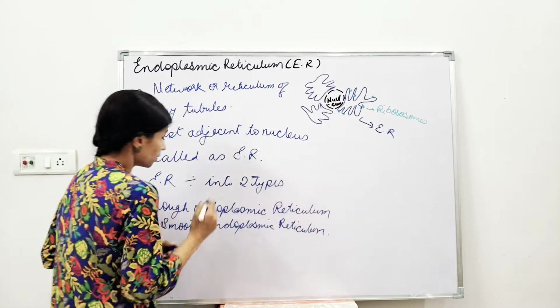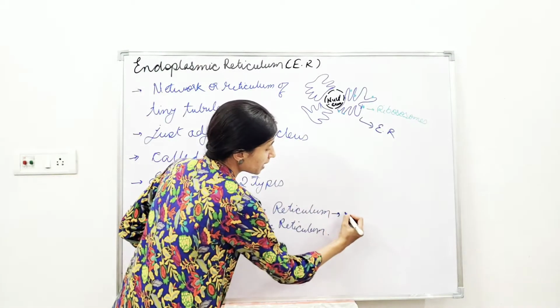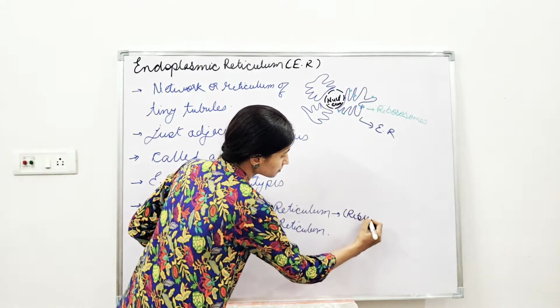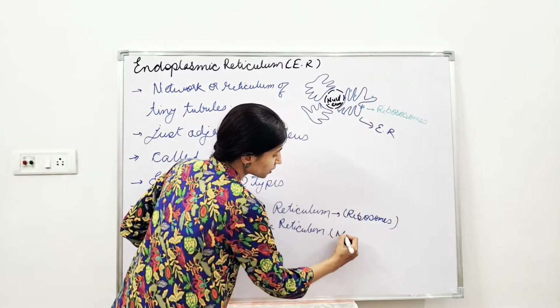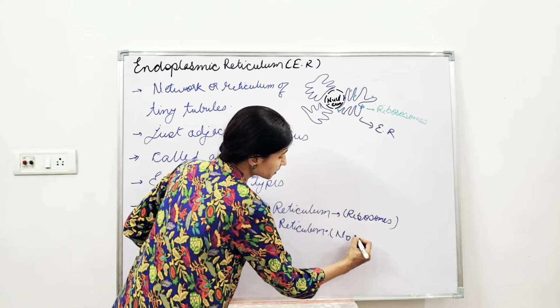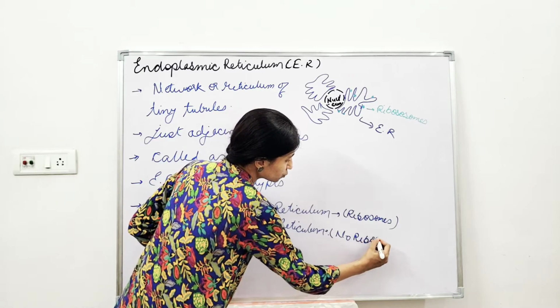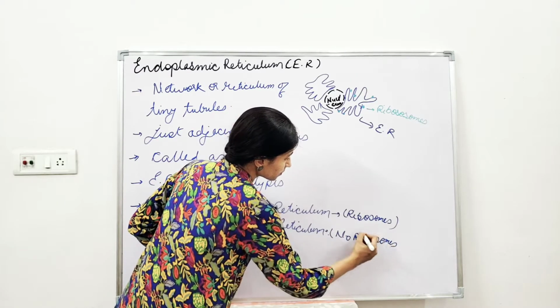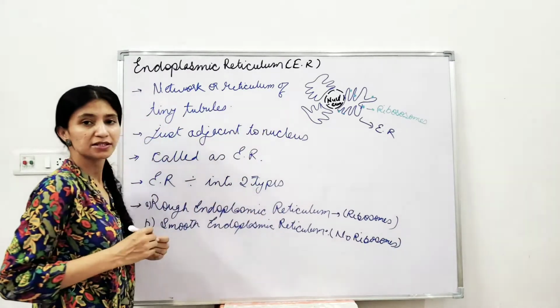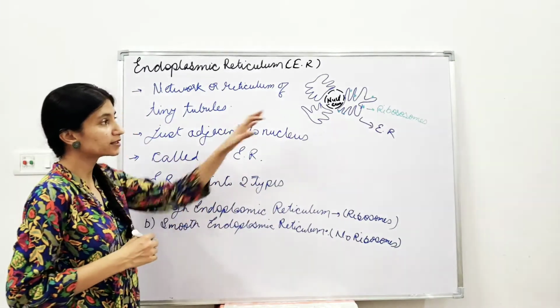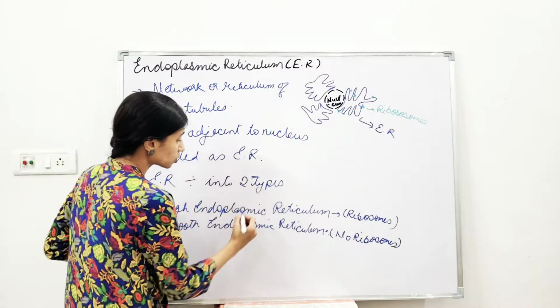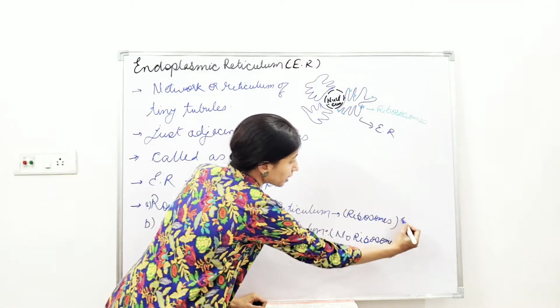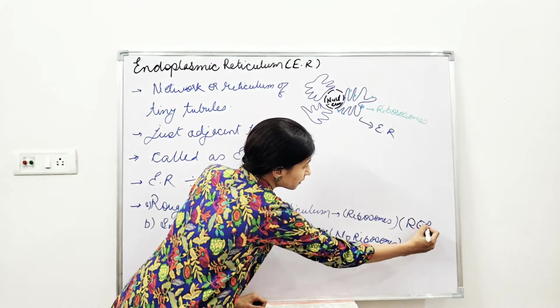The rough endoplasmic reticulum has ribosomes on it, and the smooth endoplasmic reticulum has no ribosomes. So on the basis of the presence or absence of ribosomes, we classify the endoplasmic reticulum as rough endoplasmic reticulum, or RER.